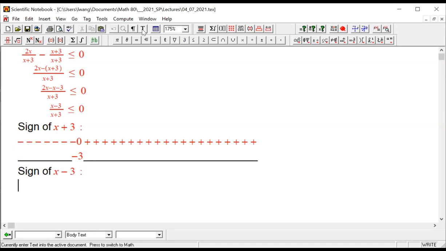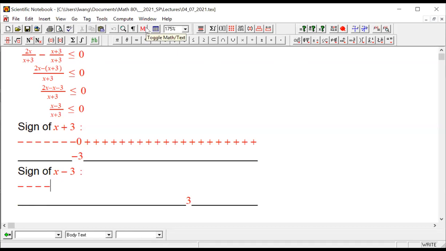Now what do we get? +3, that's where it changes sign. When x is less than 3, x minus 3 is negative. Otherwise, it's going to be positive.